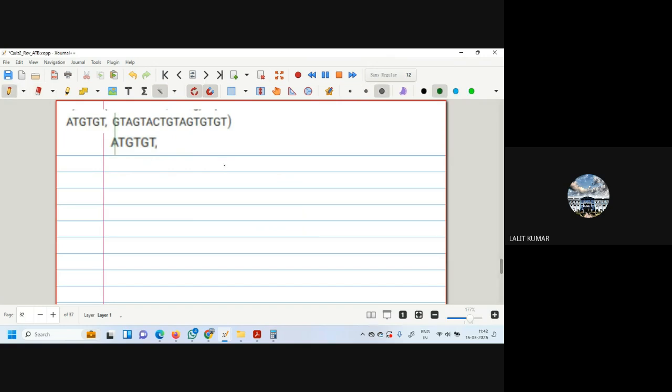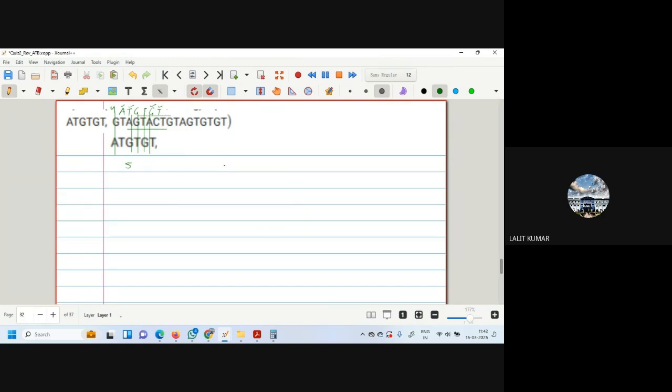This is not matching, this is not matching, this is not matching, this is not matching, this is not matching, so the Hamming distance becomes 5. Now you slide it here, A, T, G, T, G, T. What will be the score? 1, 2, 3, 4, so this is 4. Now you slide it here. By doing these slides, you are finding the scores.